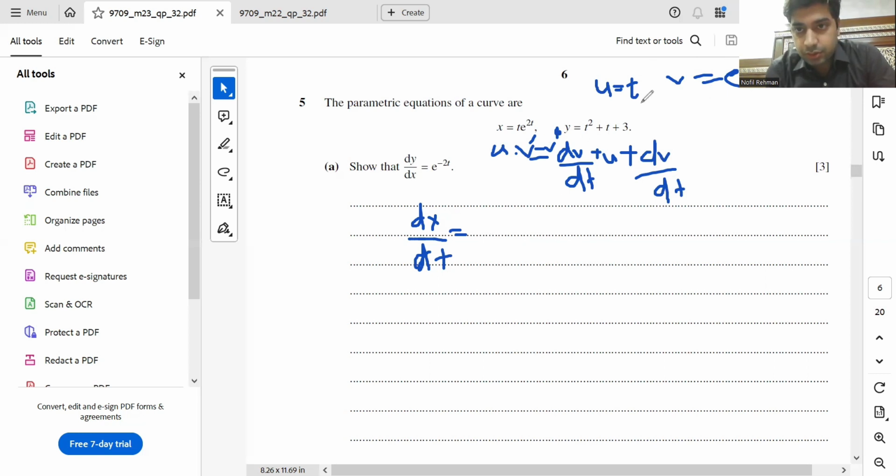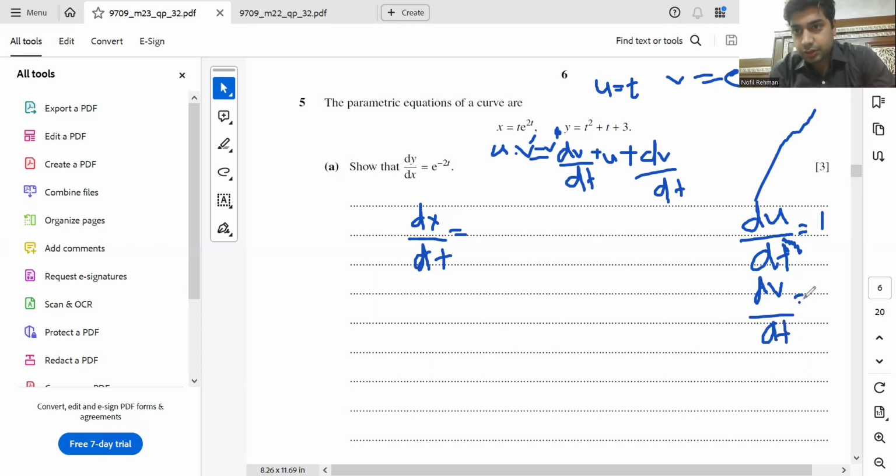Okay, so u here is t, so if you differentiate t, du by dt would become 1, and dv by dt would be 2 exponent 2t. That's how we differentiate exponent 2t.